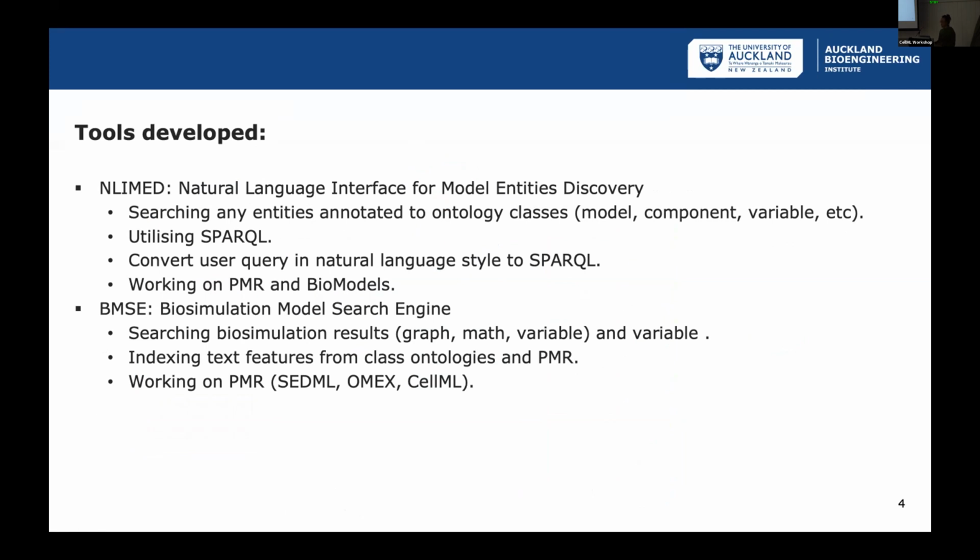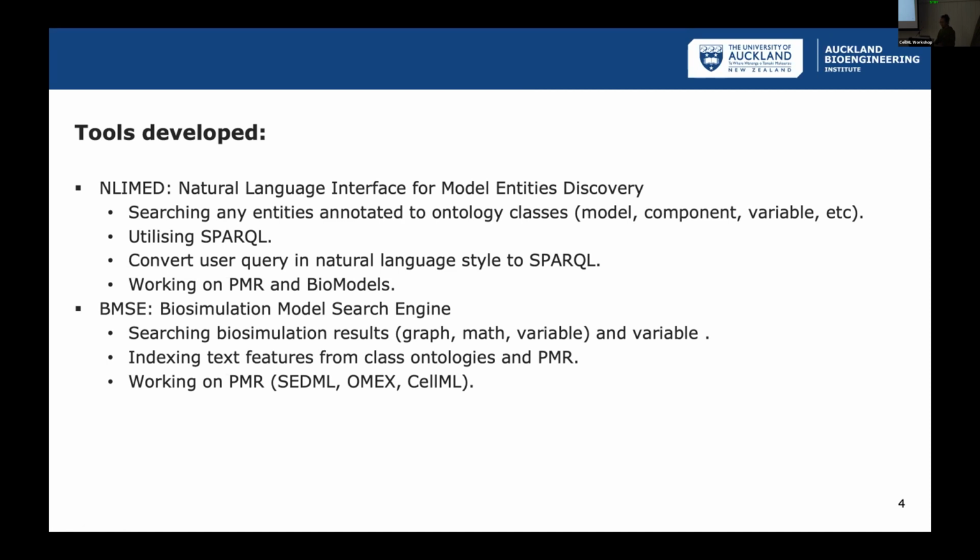For example, models can be components or variables, anything that is already annotated with ontology classes. It utilizes SPARQL, but because SPARQL is quite difficult, we convert the user query in natural language style to SPARQL automatically. It is working on PMR and BioModels currently.